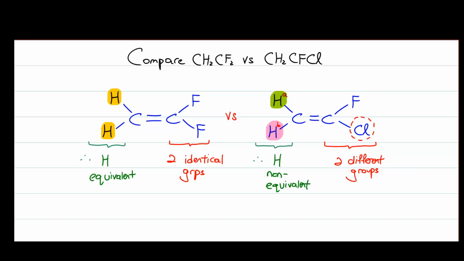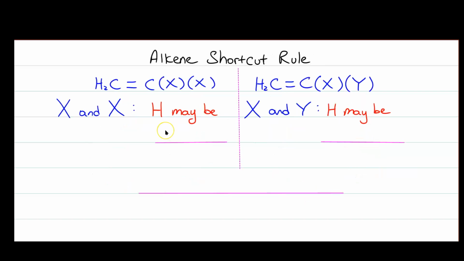If the other alkene carbon has two identical groups, the CH₂ hydrogens may be equivalent. If it has two different groups, those hydrogens may become non-equivalent. Here's the shortcut you can remember. For two hydrogens on the same alkene carbon, if the other carbon has two identical substituents, those hydrogens may be equivalent.